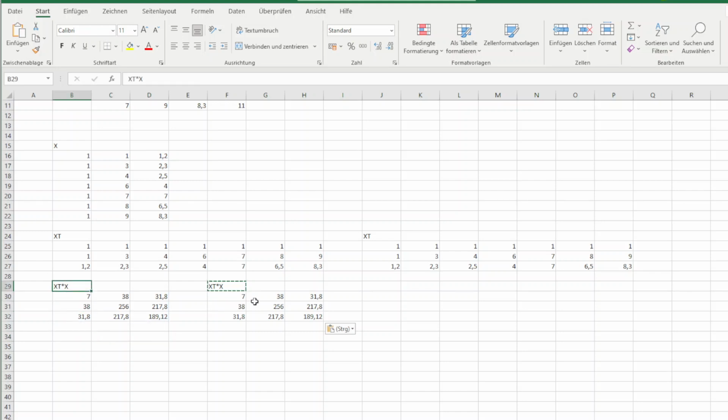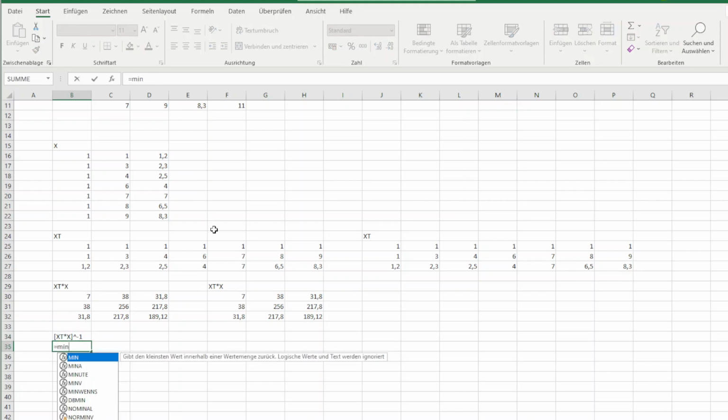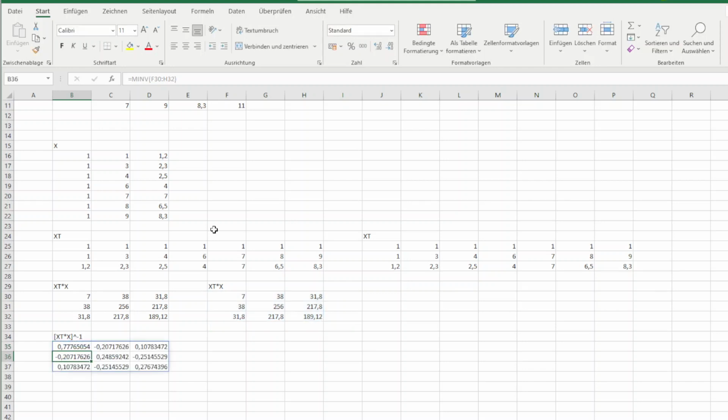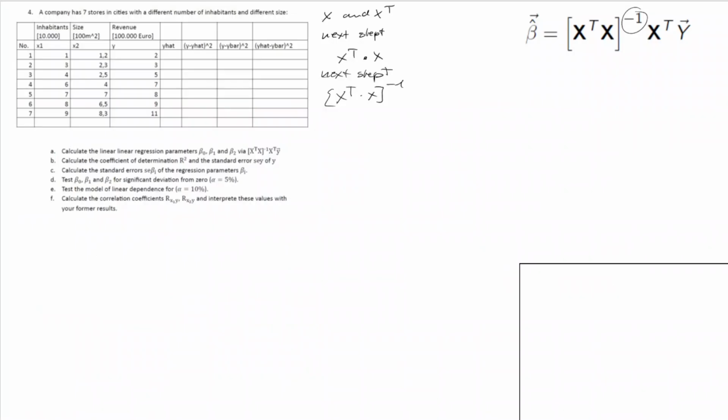So then the inverse, this is then inv, the function, and also reading in our matrix, and then we have the inverse. This I also read out.